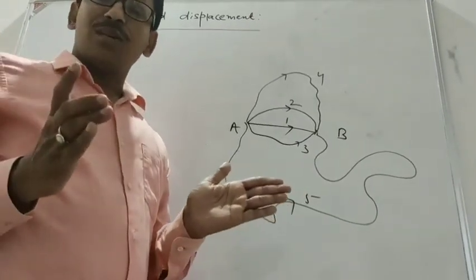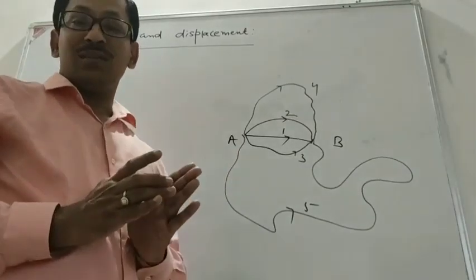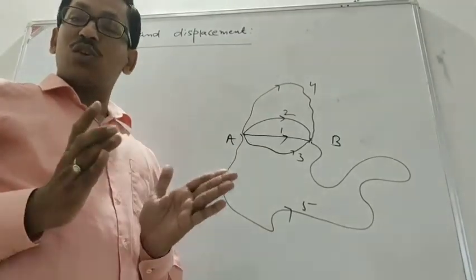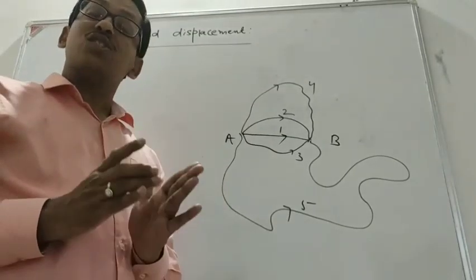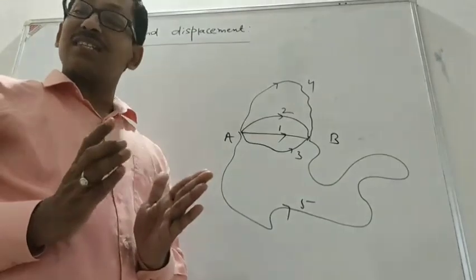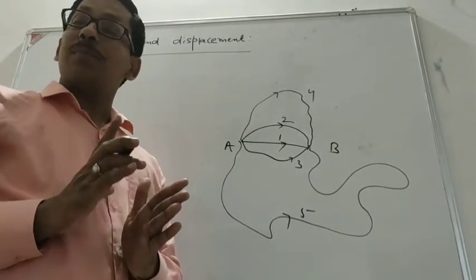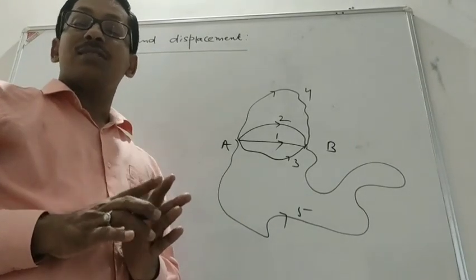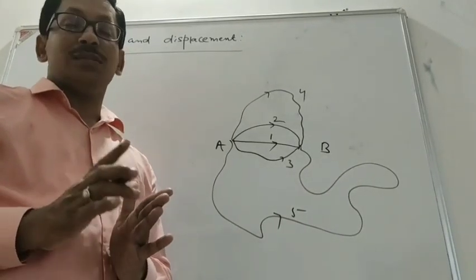And the length of the actual path followed by the body is called the distance travelled by the body, the distance covered by the body. What is distance covered? Distance covered is the length of the actual path traversed by the body.